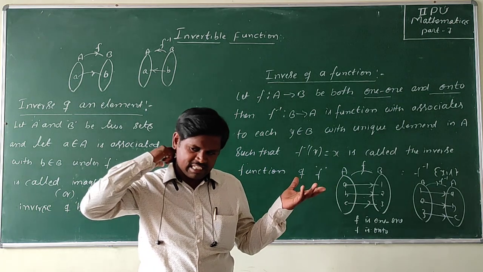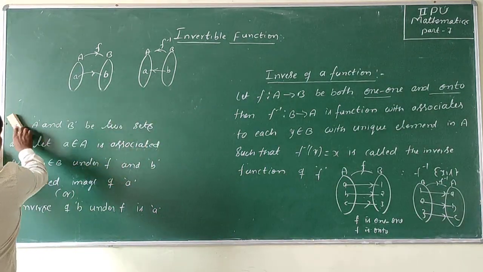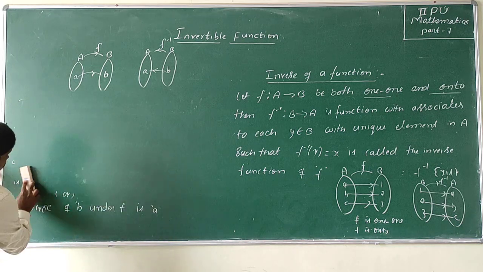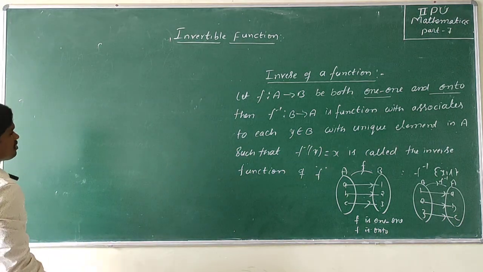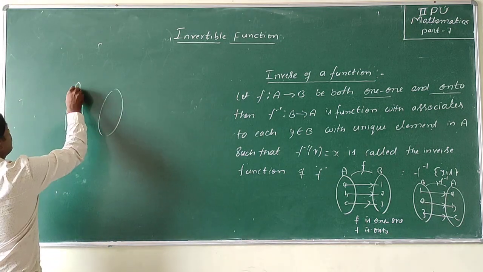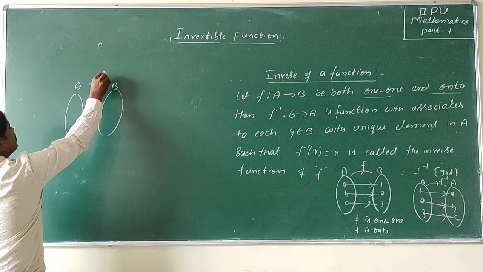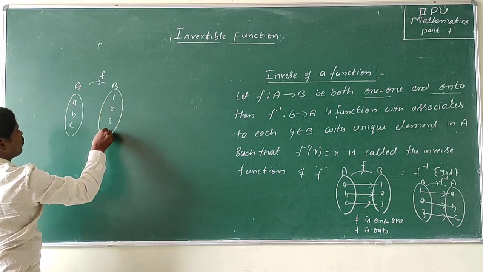So suppose I am taking an example. See here, this is set A and this is set B and this is the function f. Here A, B, C and 1, 2, 3, 4.